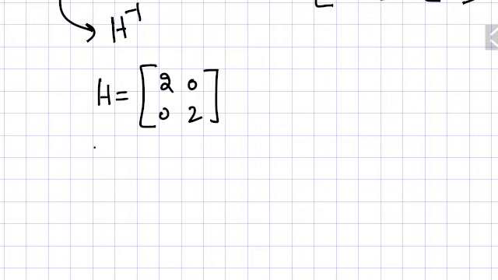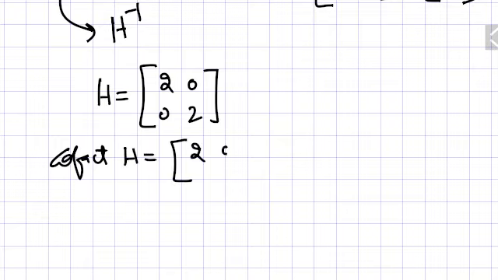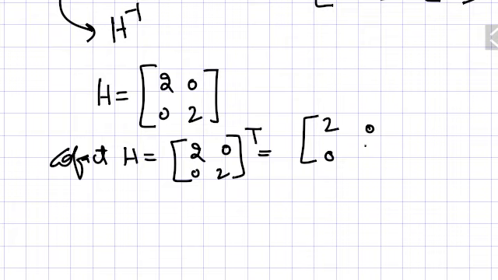First we will take the cofactor, etc. You know this math, I'm just doing it like this. Transpose you can take 2 0 0 2, it will be this, and then you will divide it by the determinant of this Hessian matrix.